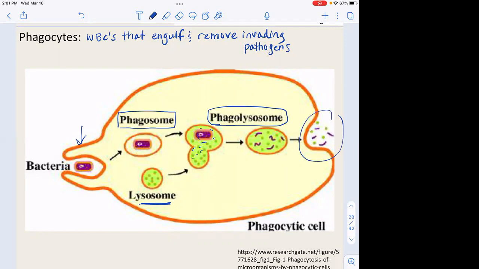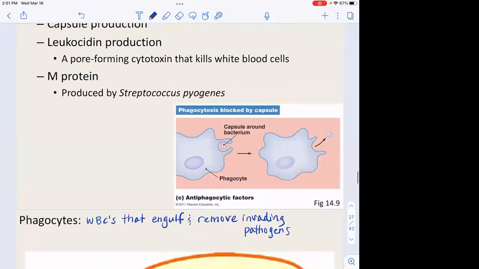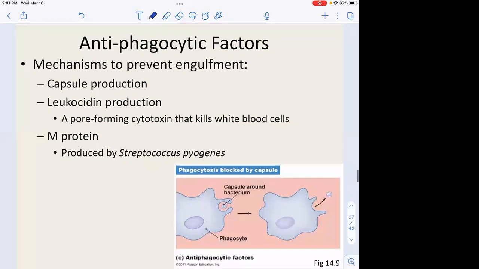But again, sometimes bacteria might have a strategy to either keep themselves from becoming phagocytized in the first place or to survive inside that phagosome. So here are just some examples. We've talked in the past about capsule production.